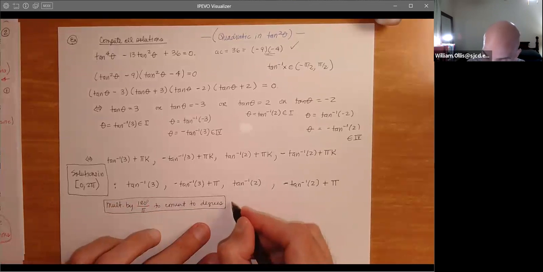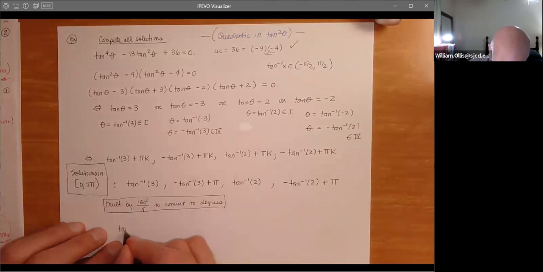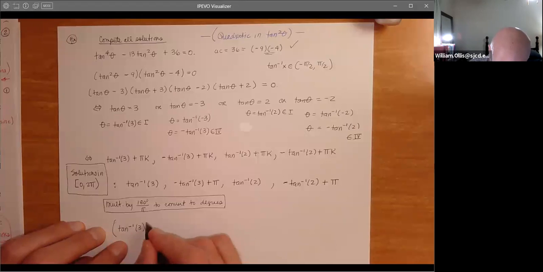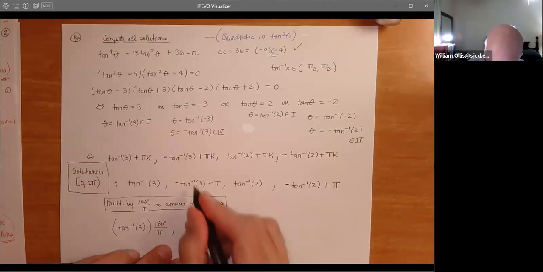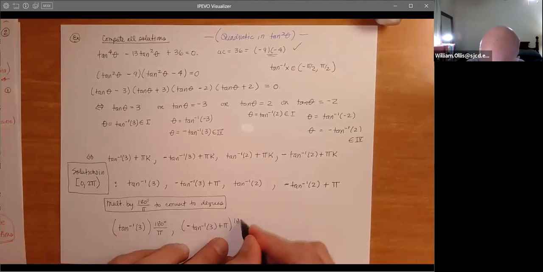And if we do that, let's just write it down. Inverse tangent of 3 times 180 over pi. That would be the degree measure. And then this one, we'd have negative inverse tangent of 3 plus pi times 180 degrees over pi.